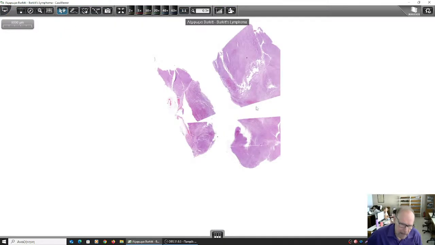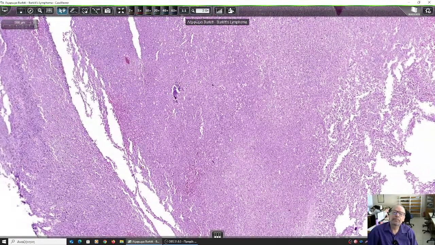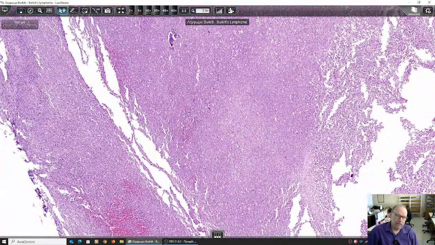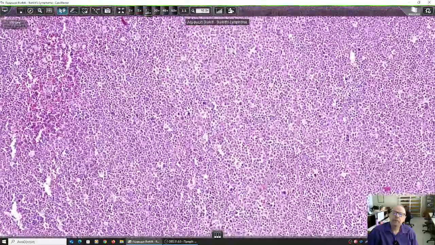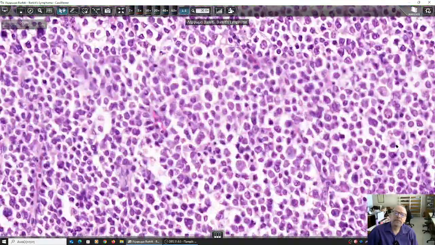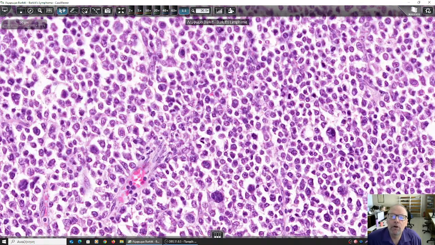Next, we have another diffuse lymphoma, like this one, for which we cannot say if its origin is B or T cell. However, we can see that there is increased mitotic activity. Have a look here, mitosis.